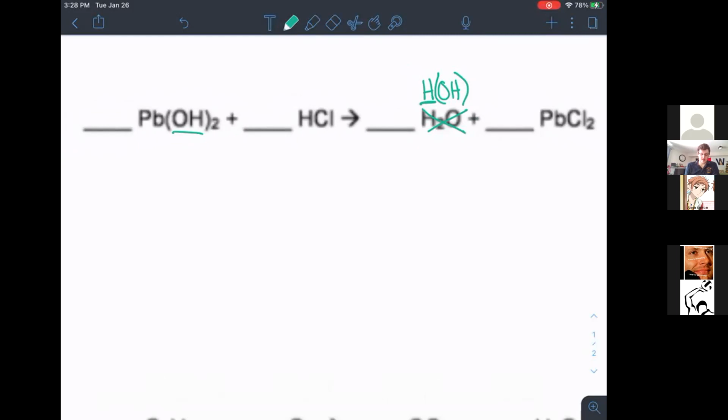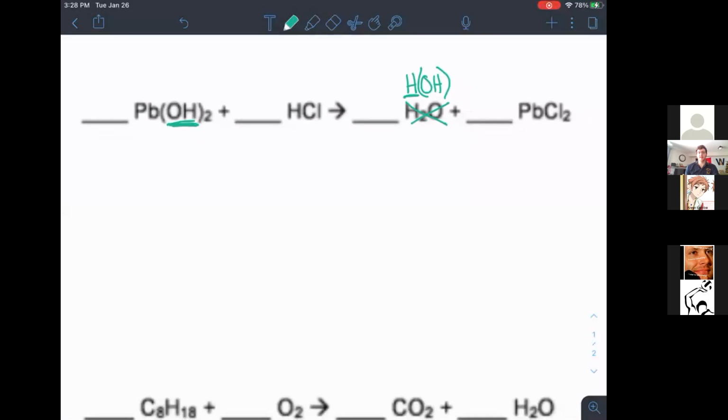So if you see an OH on one side, this is an option if you wanted to keep your H's and your O's separately. All right. Do we want to keep the OH together, or do we want to do just H and O when we saw this one? Keep it together.